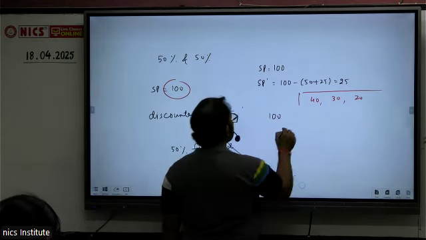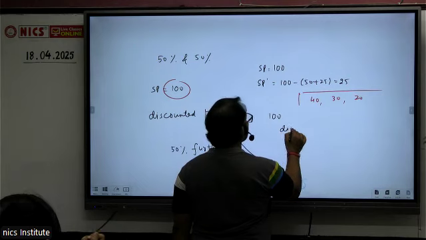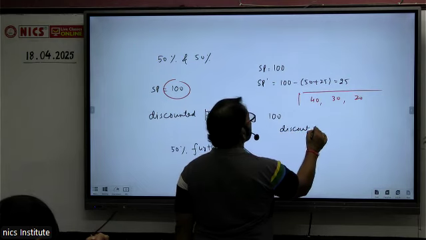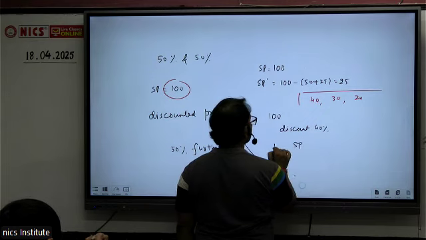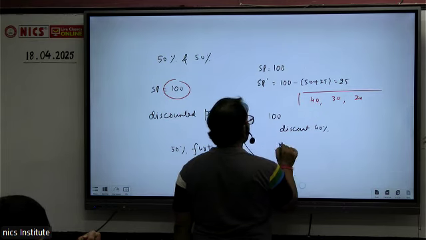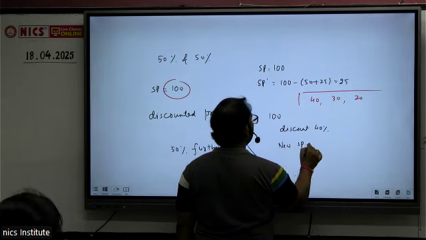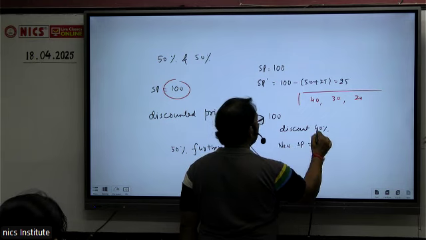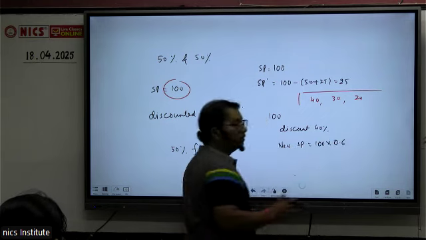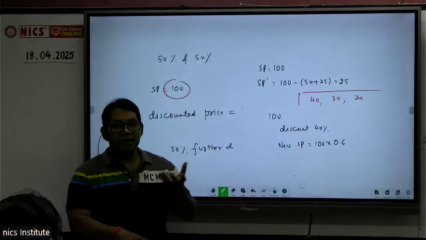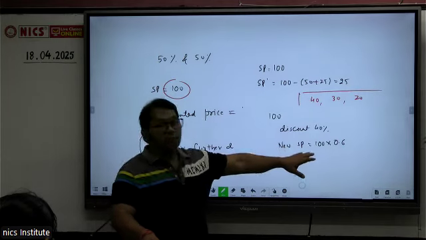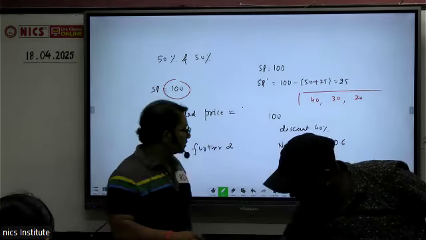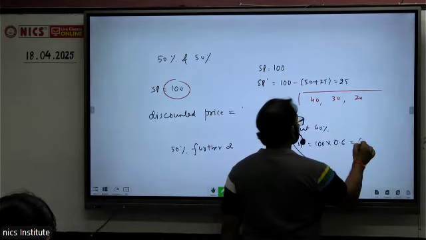So after the 40% discount, your new SP would be original price into 0.6. I told you how to decrease by 40%: I multiply by 0.6. So new SP is now 60 rupees.